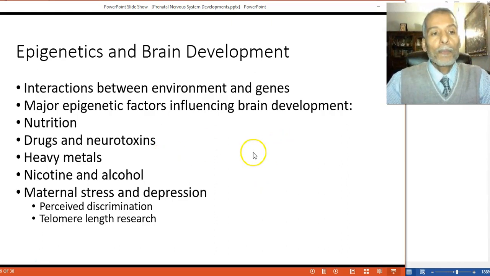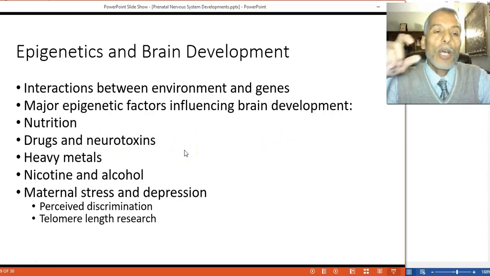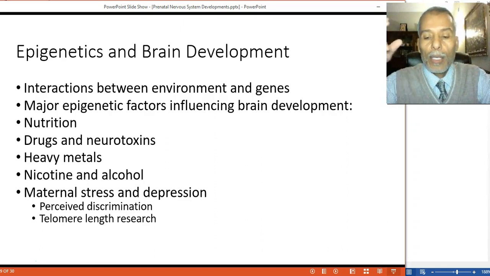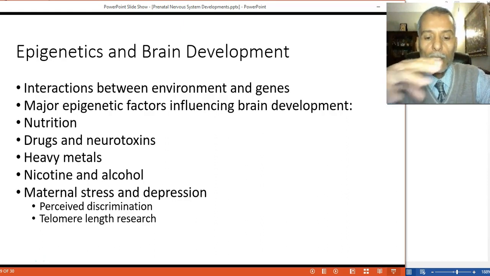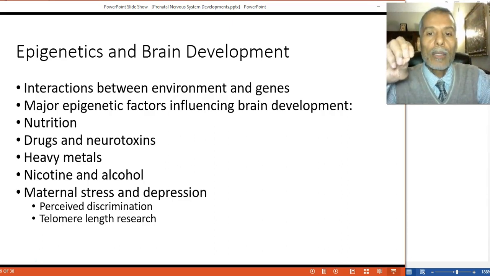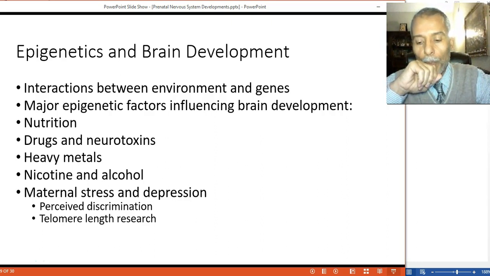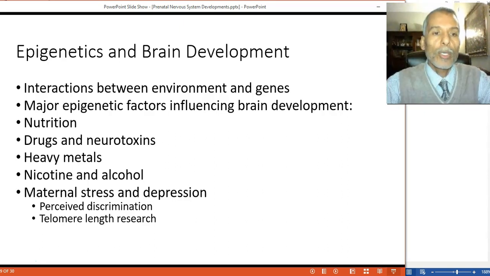The process of epigenetics, the science of epigenetics, studies how environmental external factors influence gene expression, and how, for example, different factors affect development of the body and development of the nervous system and so on.